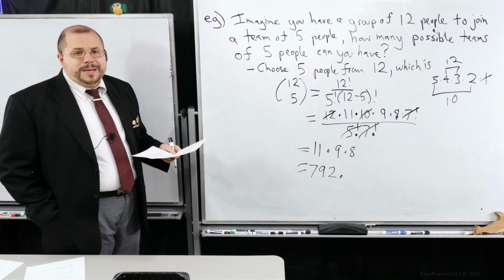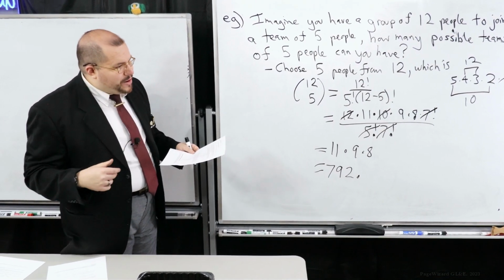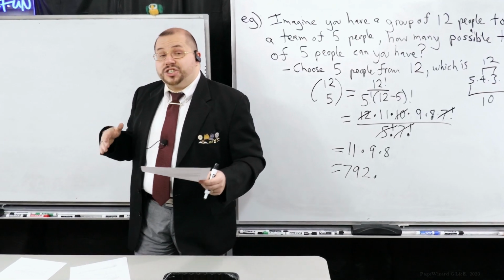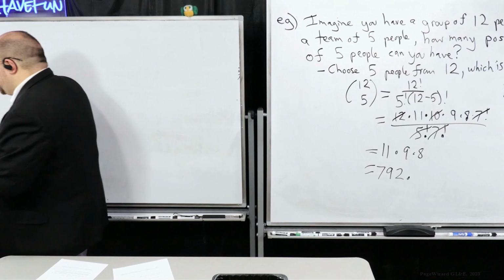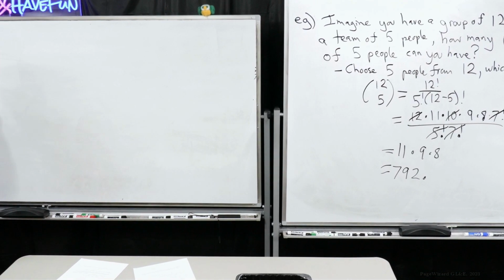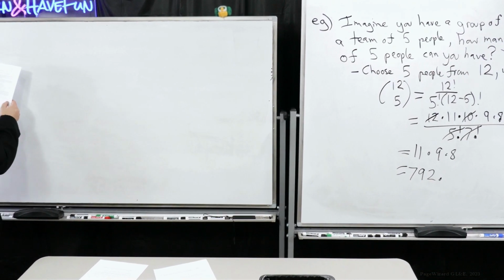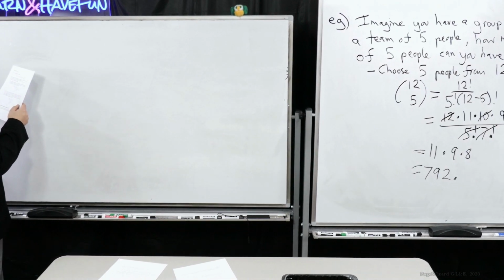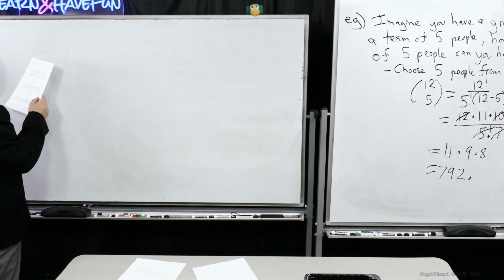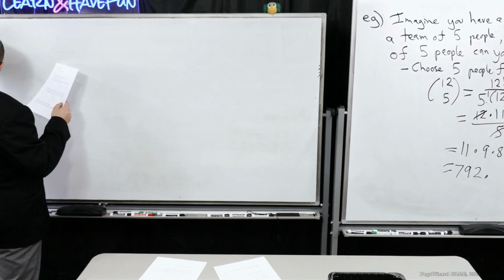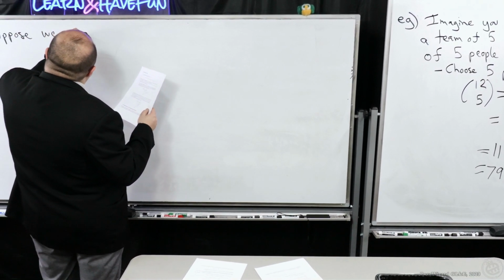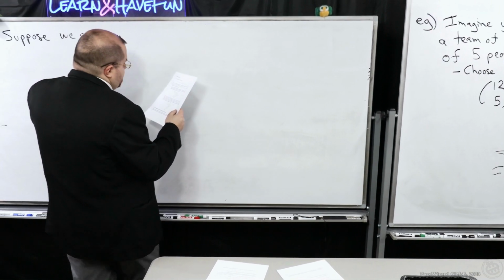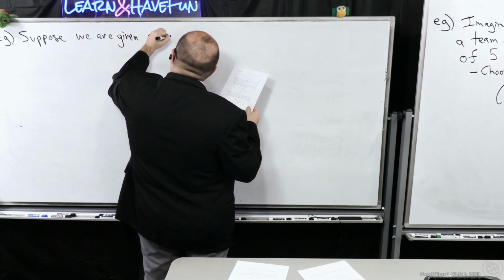A very common case where you might run into this scenario is if you're encountering strings, especially if we're talking about computer science. So we've already seen an example where we try to place things in a sequence, such as with passwords when we were talking a while back. So suppose we are given a bit string.